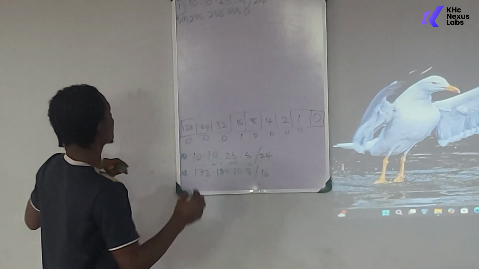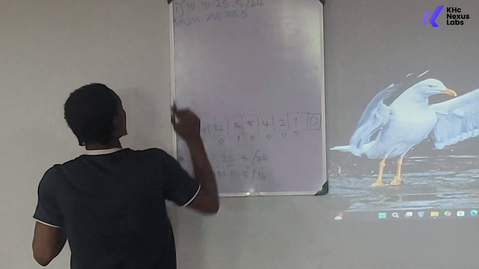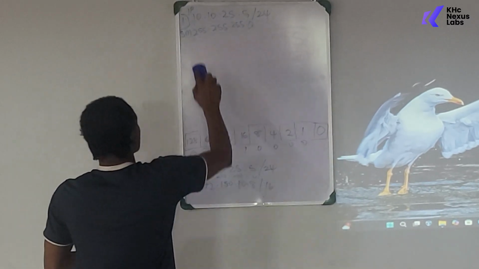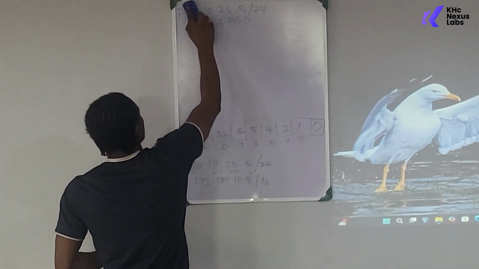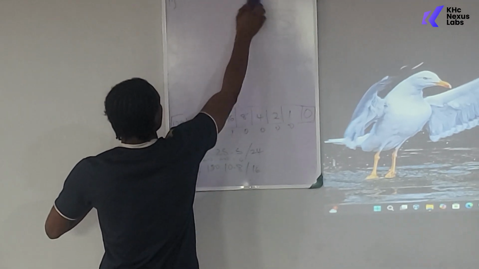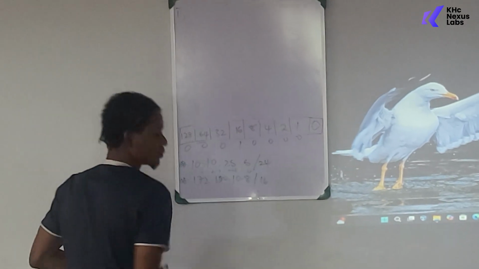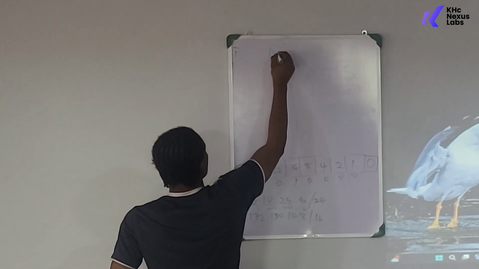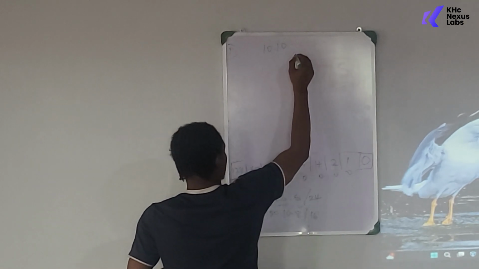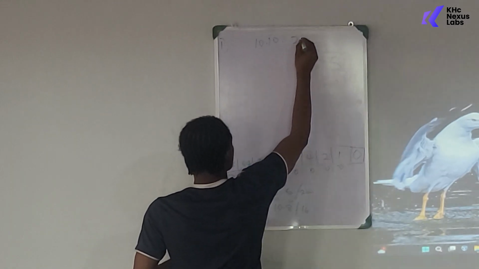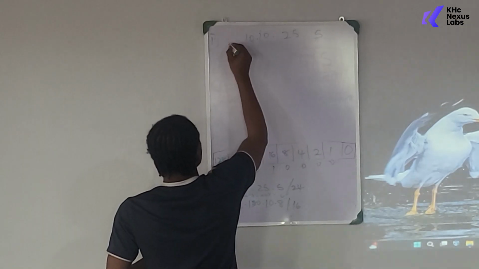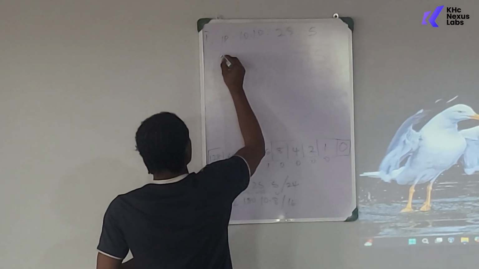Now, to get our network ID, sorry, I feel I should shift this a little bit. Let me make it neater. 10.10.25.5, then that's the IP, right?